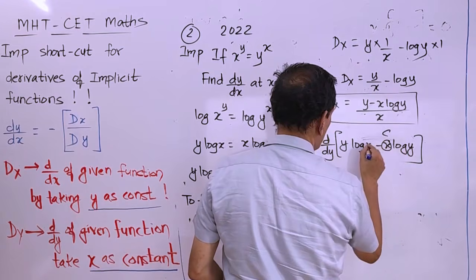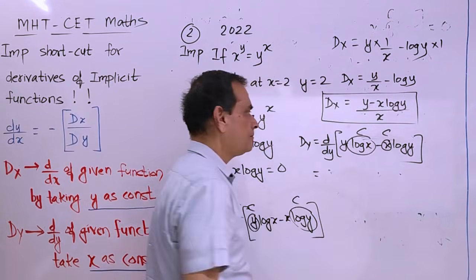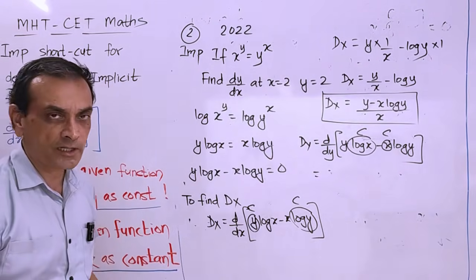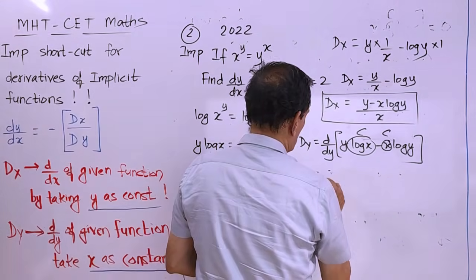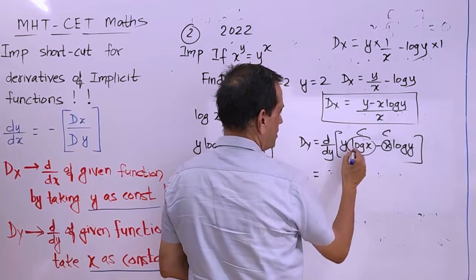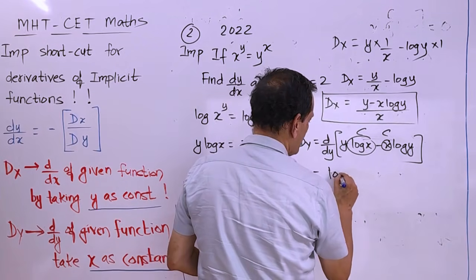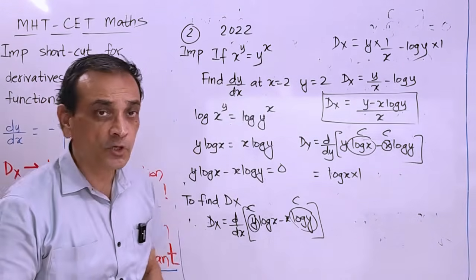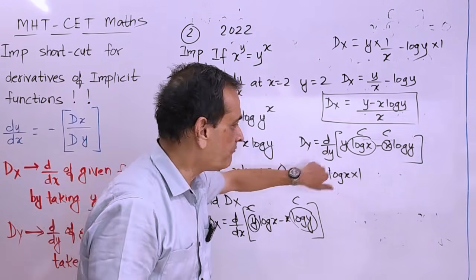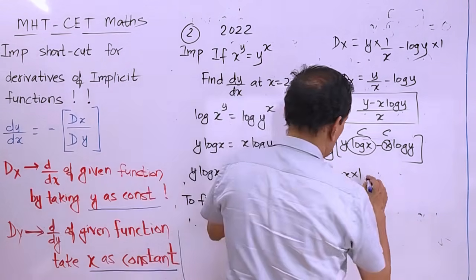So log x is constant. Constant को बाजू को रखना है, product rule is not to be used. So log x is a constant, keep it aside. Derivative of y with respect to y is 1. Don't write dy by dx.